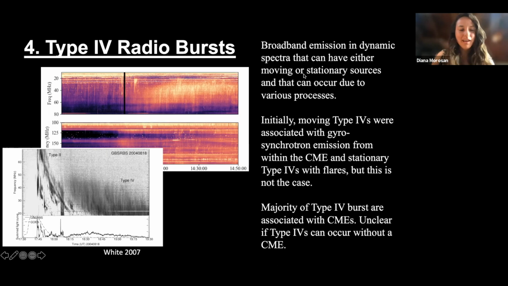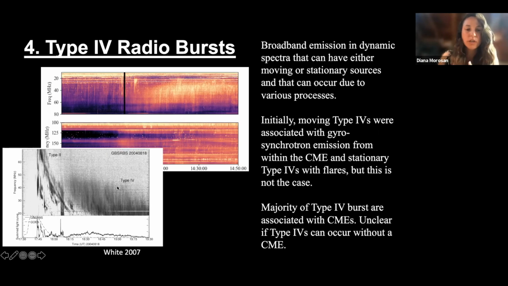Okay, type 4 bursts. I'll mention briefly how it started and how it's going. In my opinion, they're the most loosely classified type of radio burst, because the classification dates back to the 50s, and they grouped the continuum broadband emission. So you have this continuum broadband emission here and here.